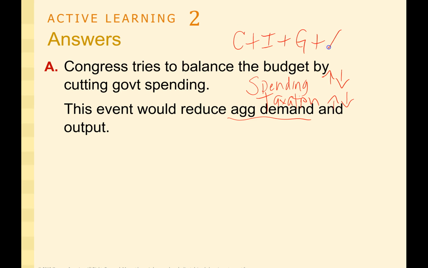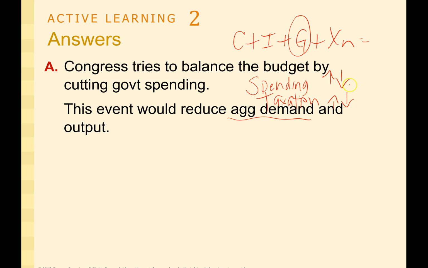So fiscal policy is going to be part of this government expenditures portion. So if spending increases, this is just a definitional thing, it's going to boost aggregate demand because it's a component of the total. If spending decreases, it's going to reduce aggregate demand.